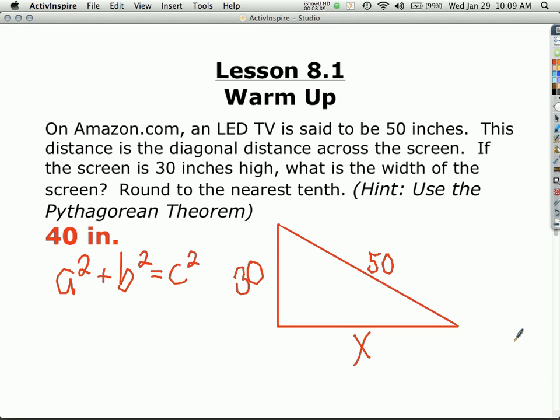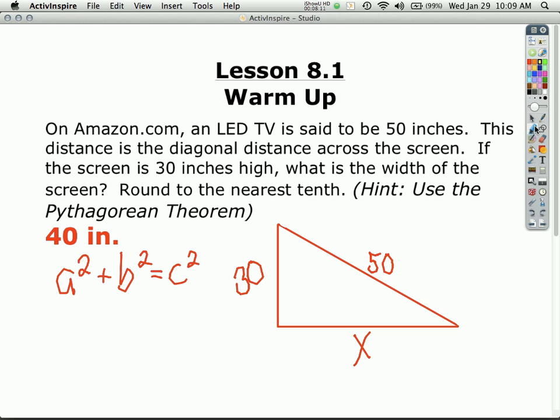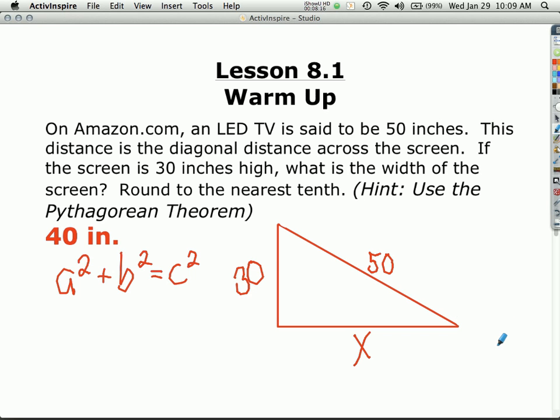Now the last part about the Pythagorean theorem that you may not have known. Which letter matches which side? Brandon? A squared matches the top right. Well, match up, I have 30, 50, and x. So A is equal to what?